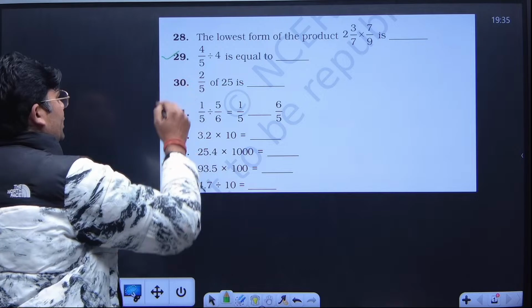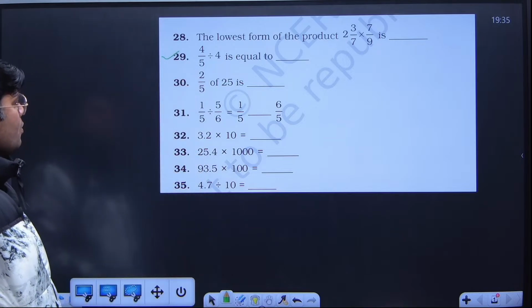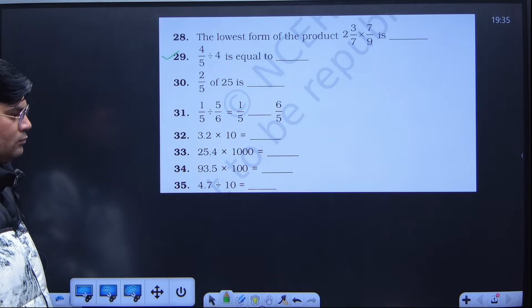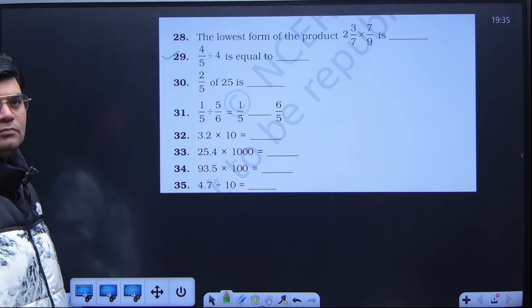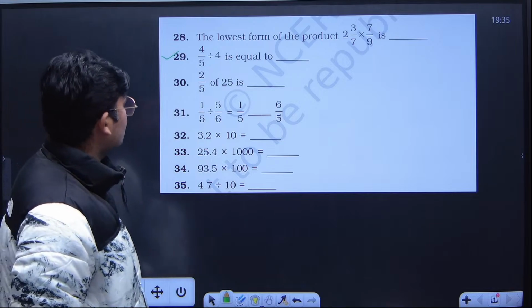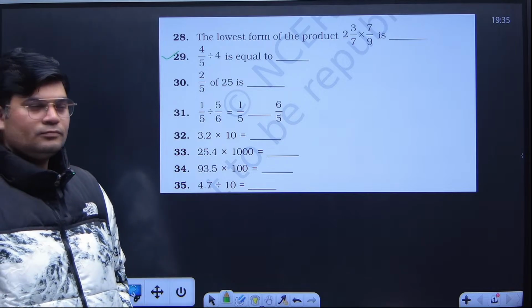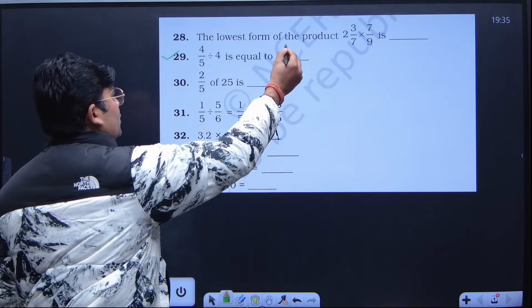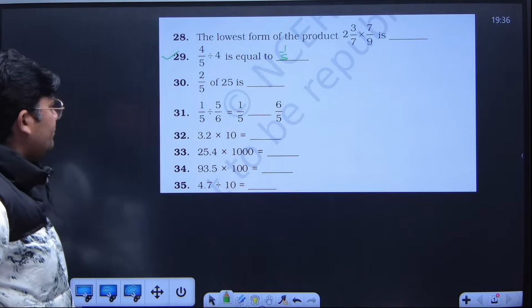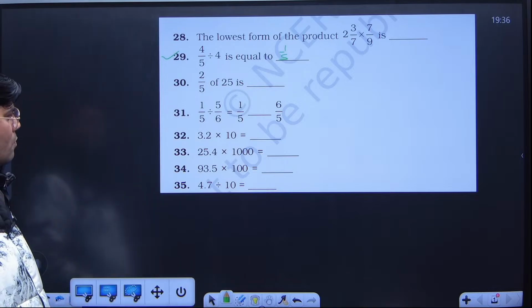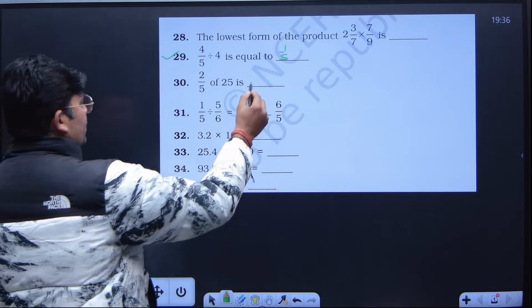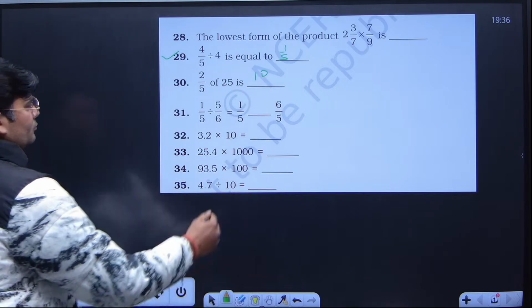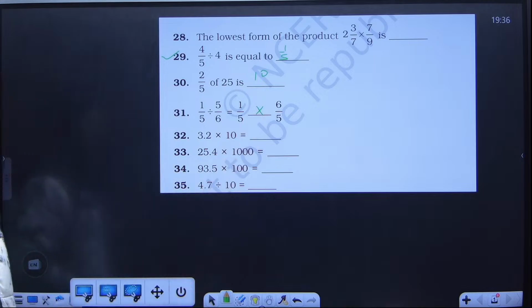Do question number 29. 1 by 5. Very good. Question number 30. 10. Wonderful. Question number 31. So just a sign of multiply.